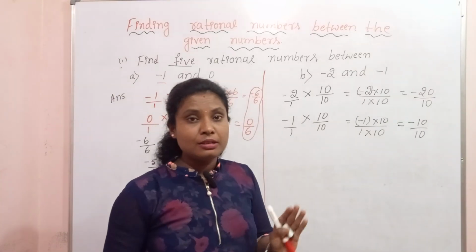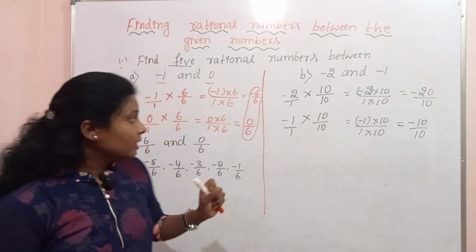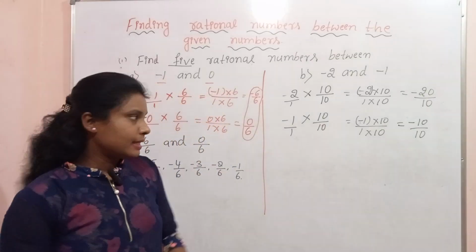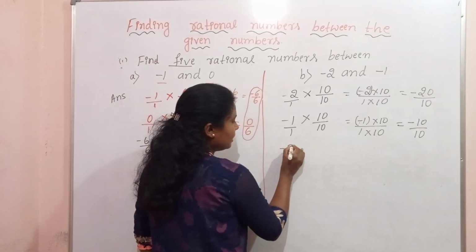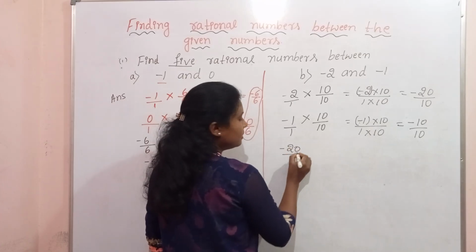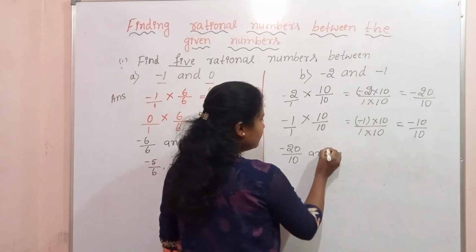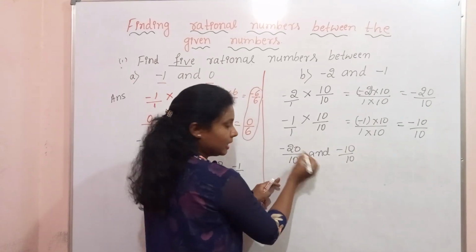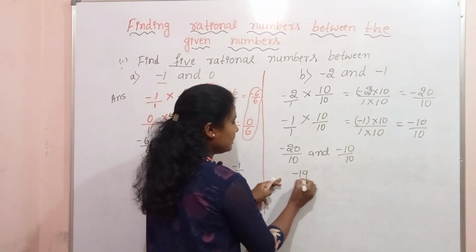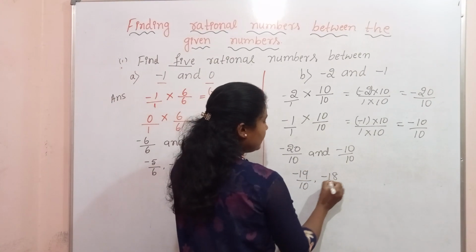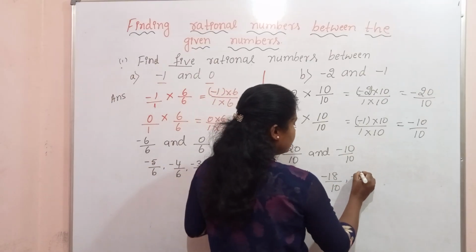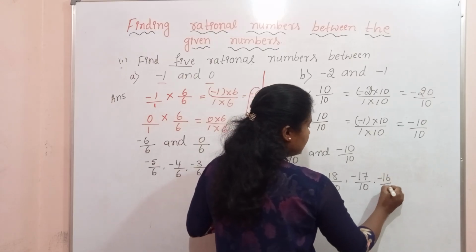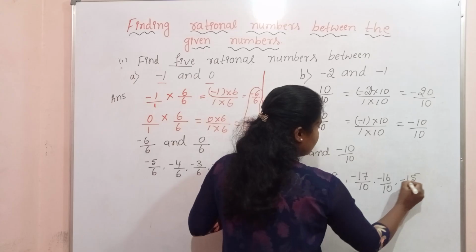So to write the rational numbers between them, one more point we need to keep: the denominator should be the same. So now we are going to write rational numbers between -20 by 10 and -10 by 10. So first, after -20 comes -19 by 10, -18 by 10, -17 by 10, -16 by 10, -15 by 10.